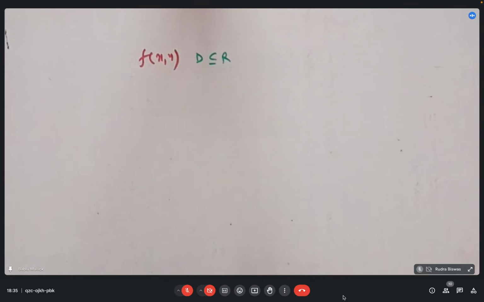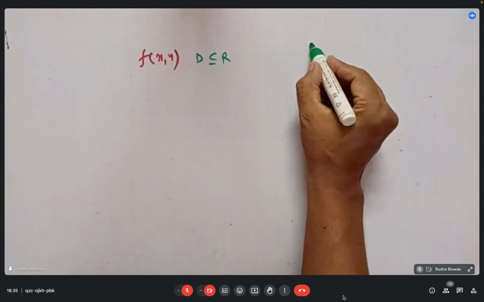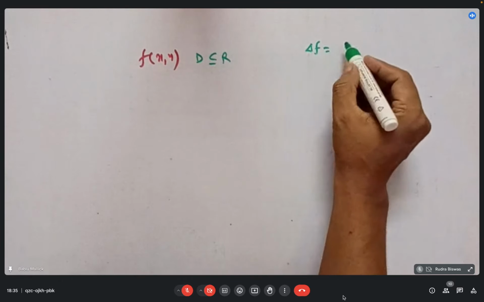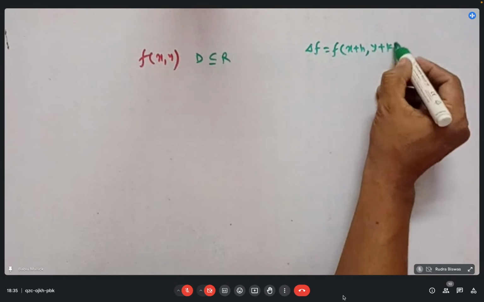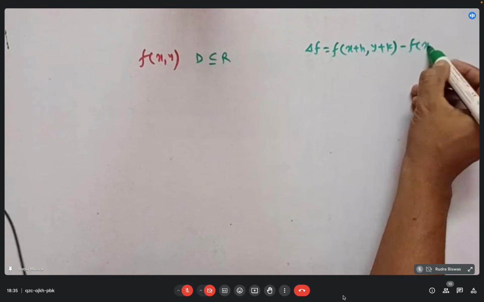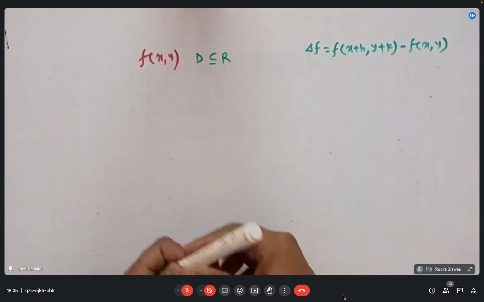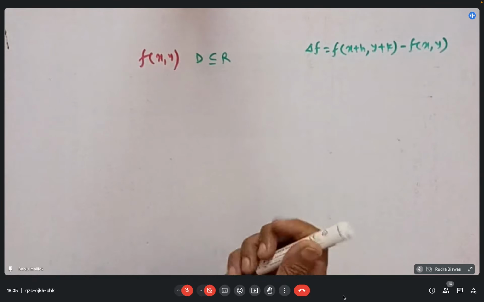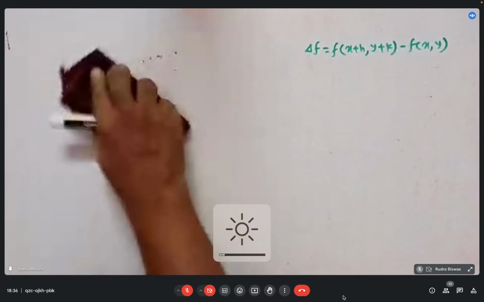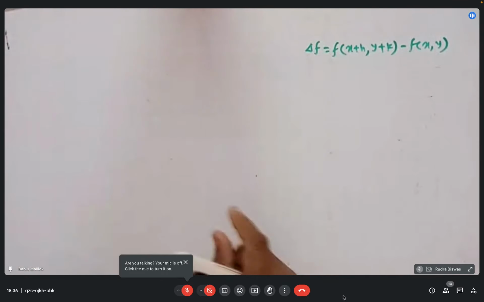Then delta f is equal to f(x plus h, y plus k) minus f(x, y), which is called the increment of f at (x, y).